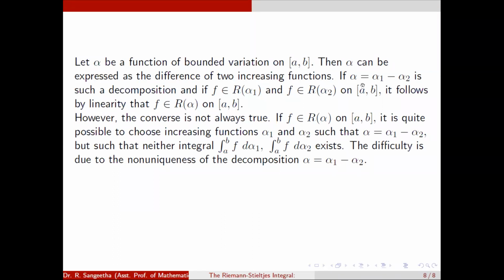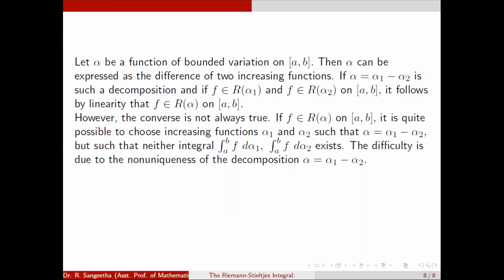The converse is not necessarily true because this decomposition is not unique. Suppose f is integrable with respect to alpha and alpha is of bounded variation. Since alpha is of bounded variation, we can write alpha is equal to alpha 1 minus alpha 2, but writing like this is not unique. We may have alpha is equal to alpha 1 dash minus alpha 2 dash.